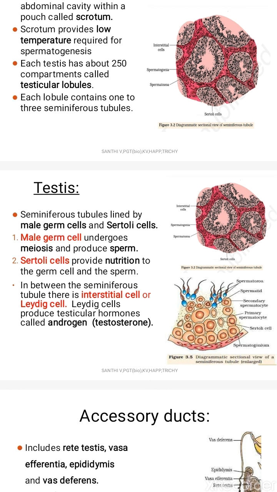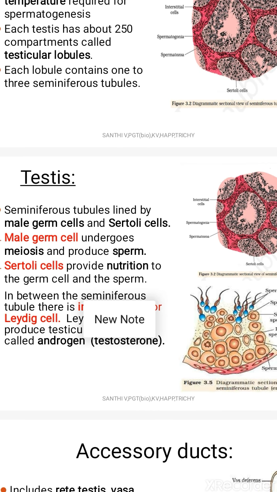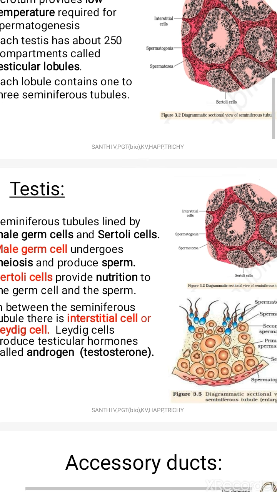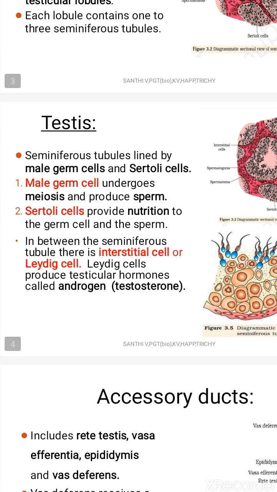Inside, the seminiferous tubules are lined by two main types of cells that you call male germ cells and Sertoli cells. Male germ cells can produce sperm.